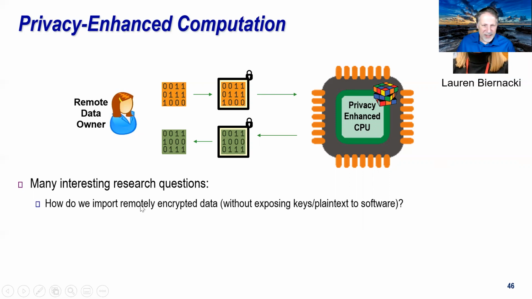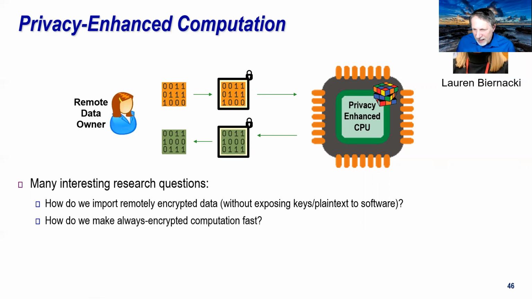There are lots of interesting questions. How do we import data from someone else without ever being able to see that data? How do we make this always encrypted computation fast? We don't want to pay 40 cycles on the front end and the back end. How do you write programs without being able to see the data? You can't make heuristics because you can't look at your underlying data, which is okay.